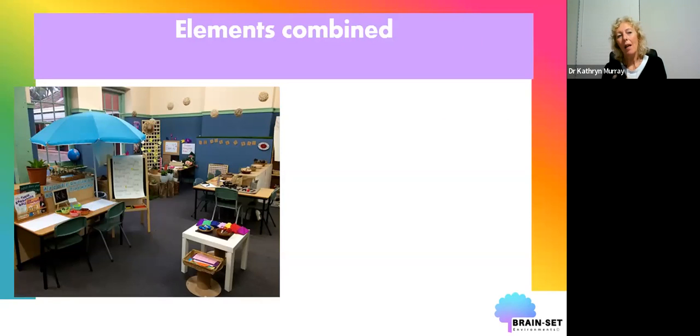You can see here we have the small little environments set up across the room. This teacher has used an umbrella in the classroom to have that sense of safety, to pull the ceiling level down, because this is a very high ceiling in this particular classroom. And here we can see the elements of wayfinding.